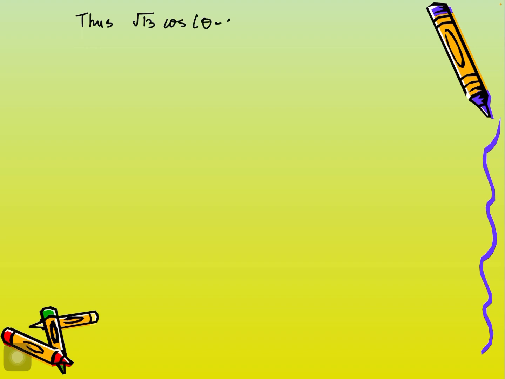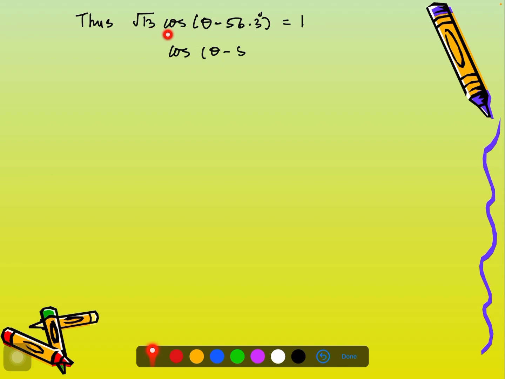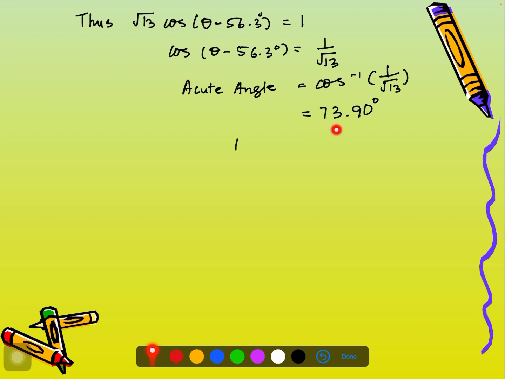Thus, root 13 cos (theta minus 56.3) equals 1. And then cos (theta minus 56.3) equals 1 over root 13. So we find the acute angle for arc cos 1 over root 13, which is 73.9.